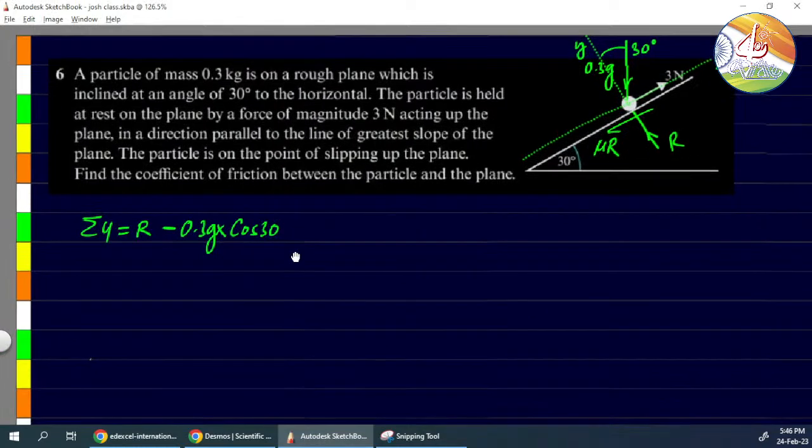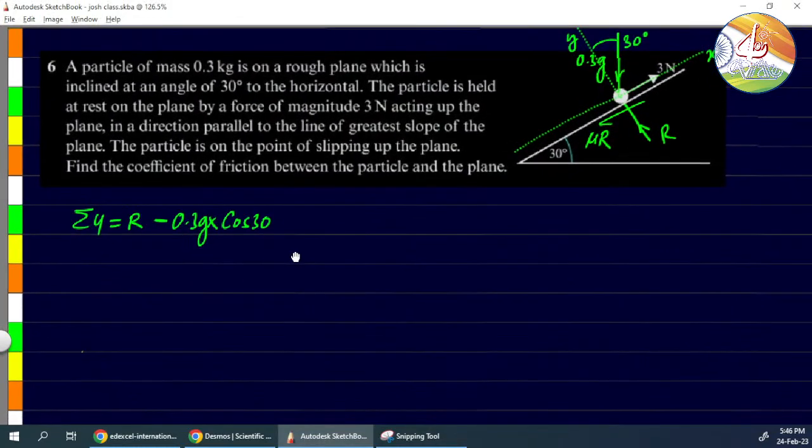That's all. Are there any other y components? No other y components. So this total should be equal to 0. So here we get the value of R. R is 0.3 g cos 30.